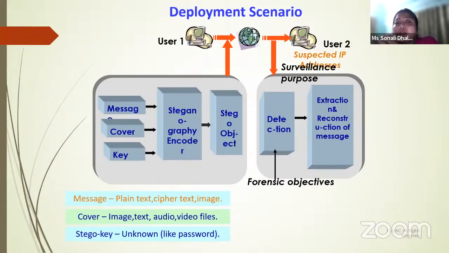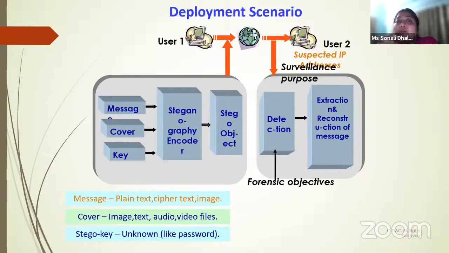Now user 2 has the steganography decoder, and also, through some channel, has received the key by which user 1 created the stego object. Using that key and decoder, he or she is able to extract the hidden information.